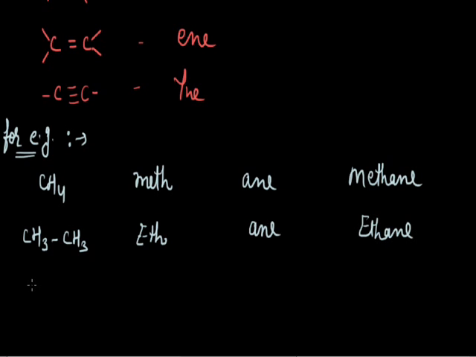Next example is CH2 double bond CH2. We use word root eth because two carbon atoms are present, and because a double bond is present between carbon and carbon, we use "-ene". The IUPAC name of CH2=CH2 will be ethene.